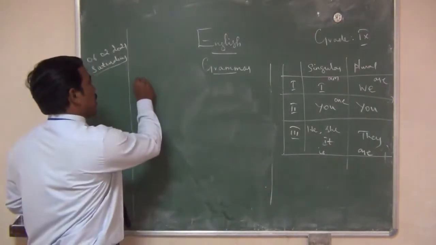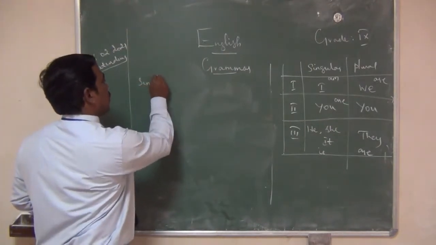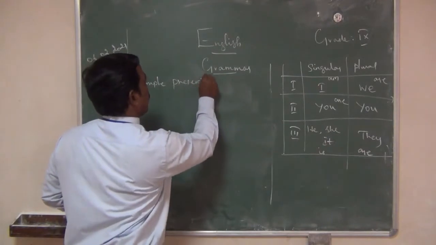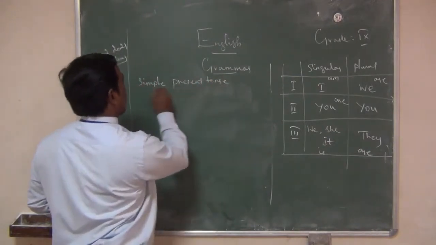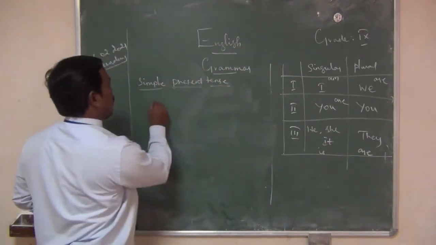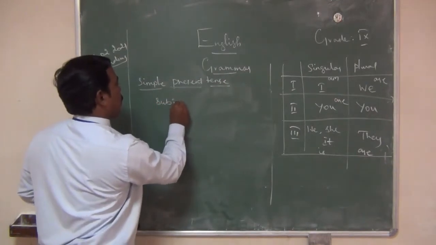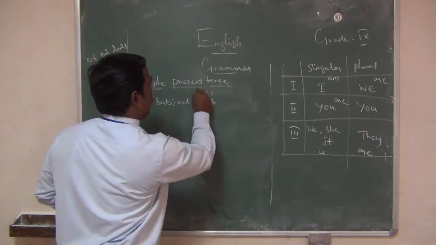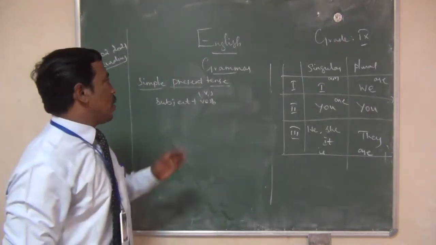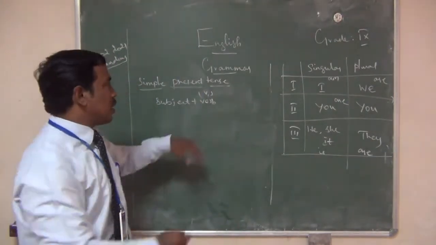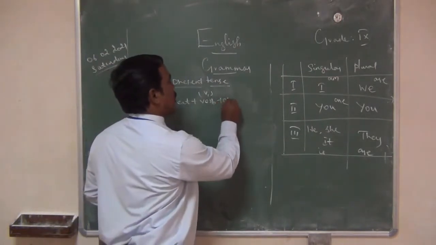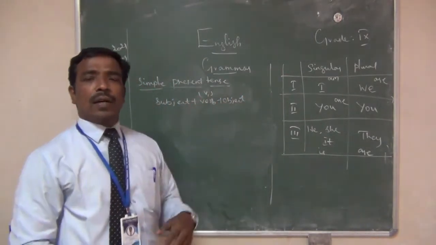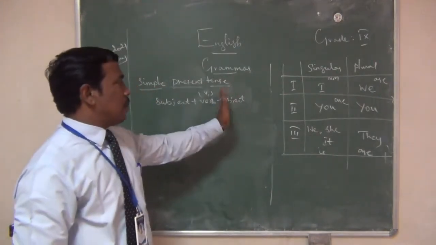The next one is the structure of simple present tense. Simple present tense comes like this: subject plus verb. The verb should be the base form of the verb. It can be followed by an object or a prepositional phrase, and all those things will come after the verb.